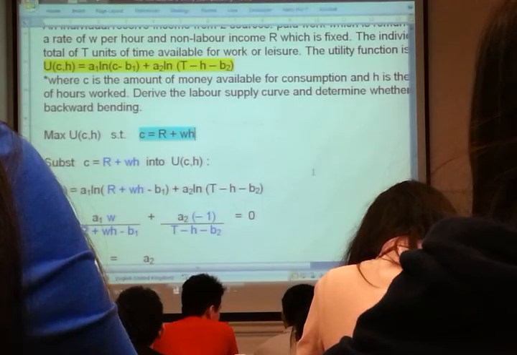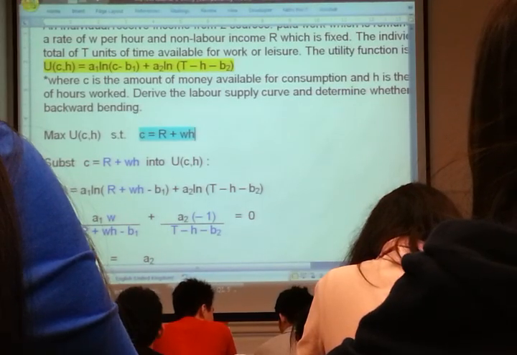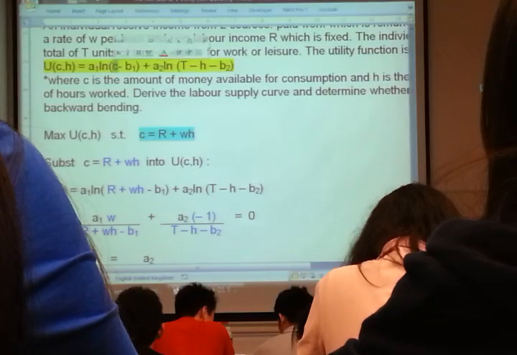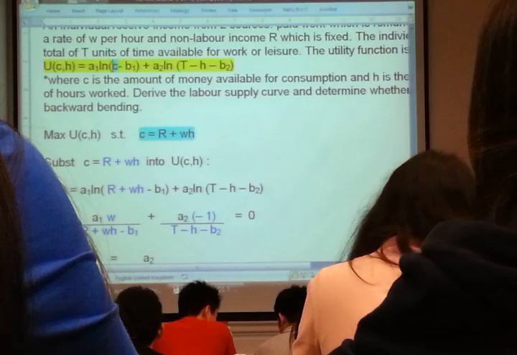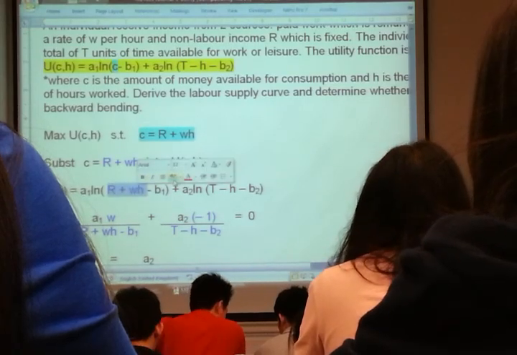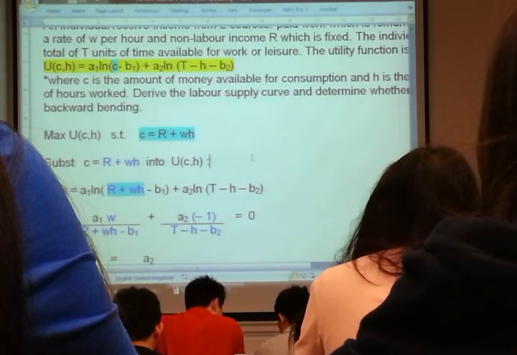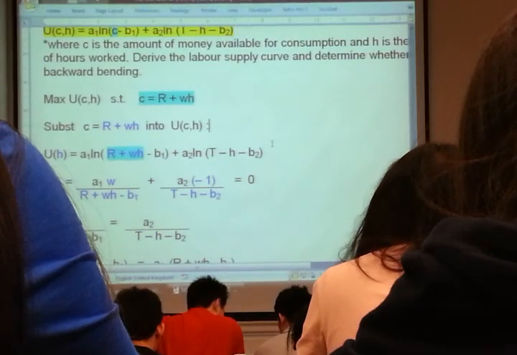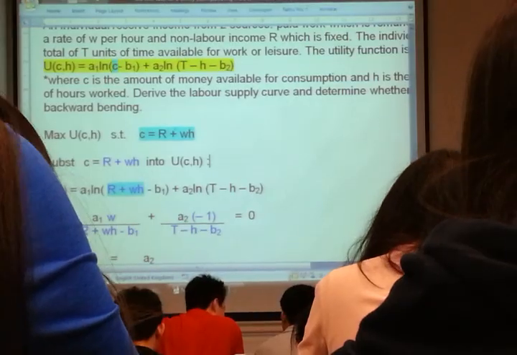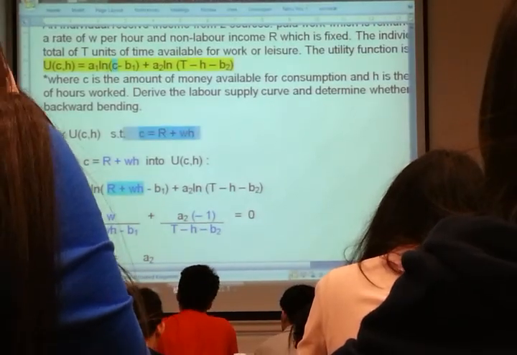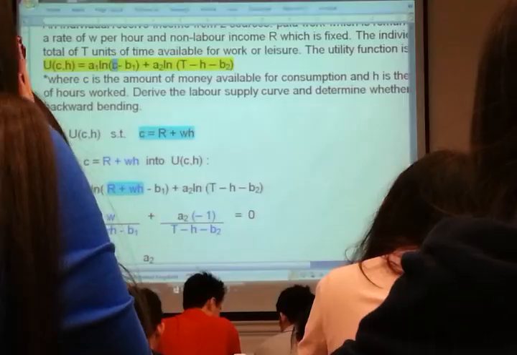So put this inside here. That's why here you see is this. Now, of course, naturally, in mathematics, once you put this inside here, this is gone.